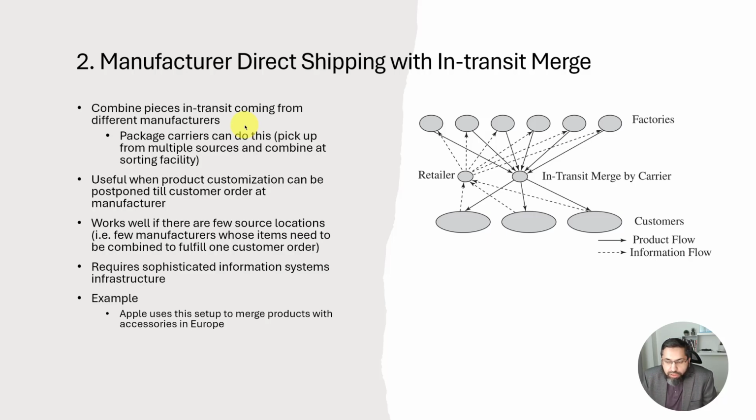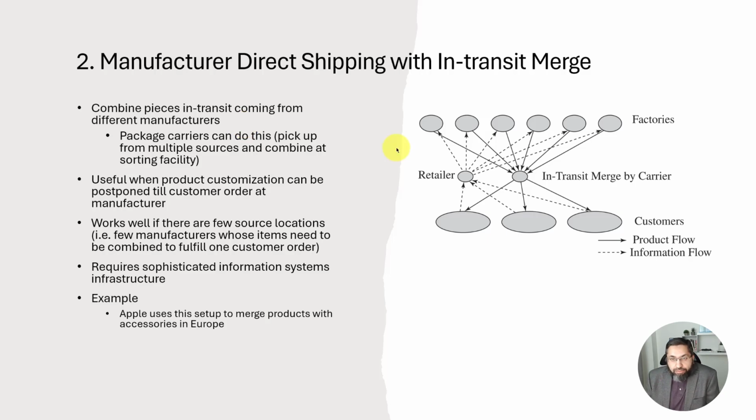Apple uses this setup to add accessories that a customer has ordered to their laptops or iPads, because laptops and iPads come from a different source, accessories are stored in a different place, and so they are both sent to a merge facility where customer orders are completed, accessories are put together with the other stuff, and then the final order is shipped to the customer.